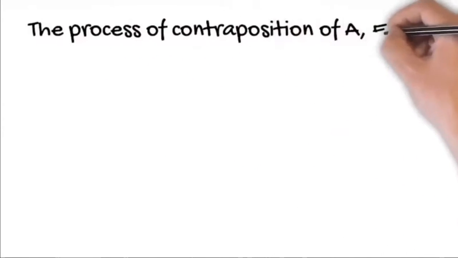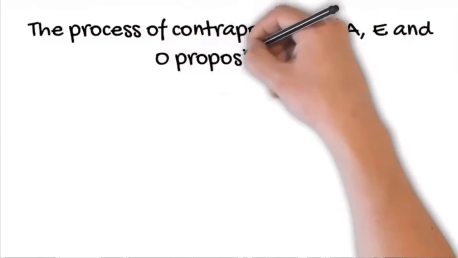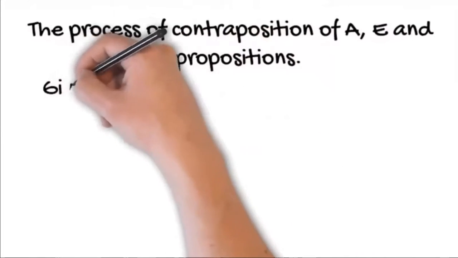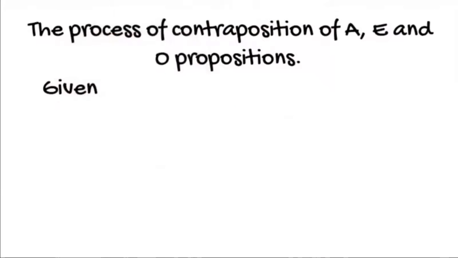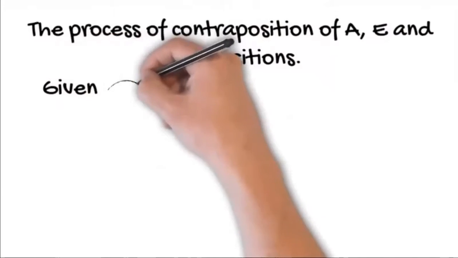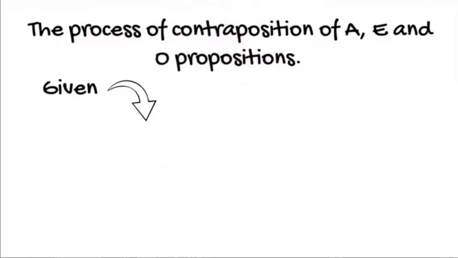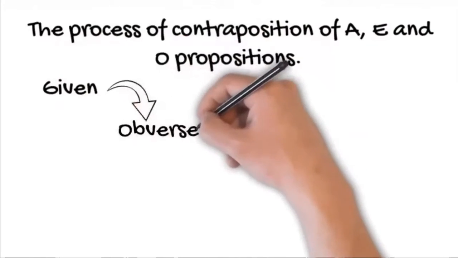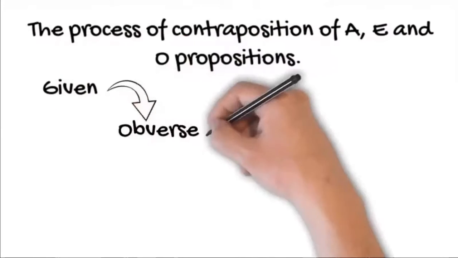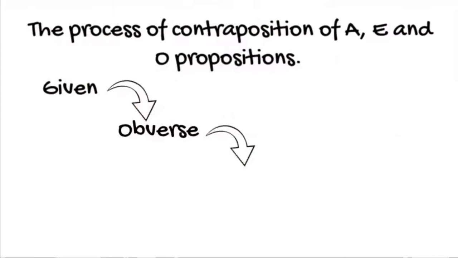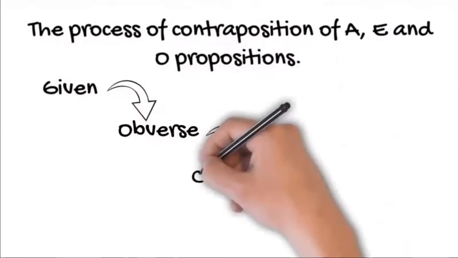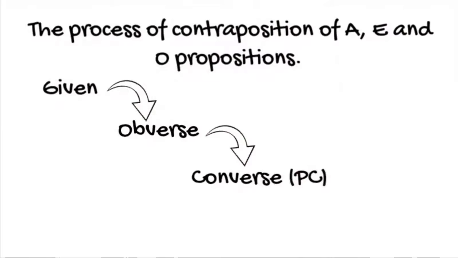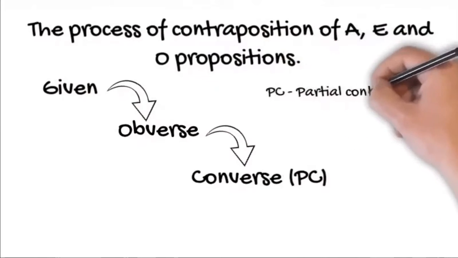And now, let's have the process of contraposition. So it begins with a given proposition. And this given proposition is obverted. And the obverse is converted. And the result is the partial contrapositive or the PC.